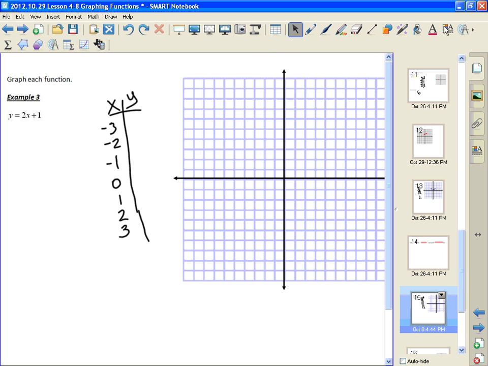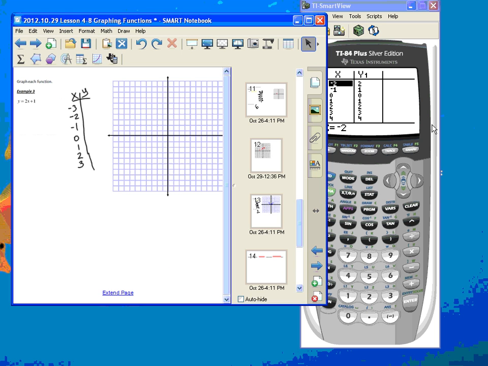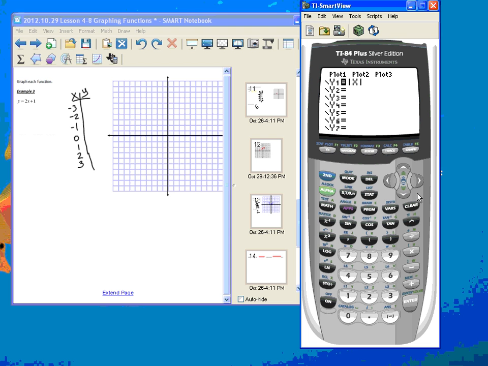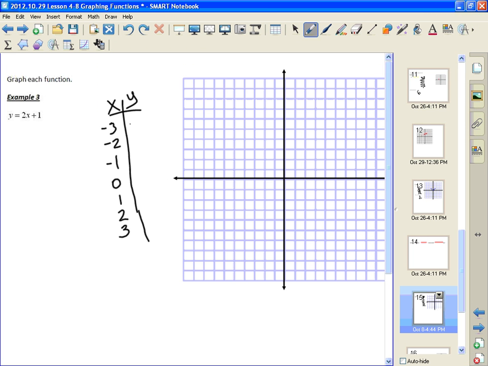Okay, so for my y values, I'm going to go to my calculator and put in y equals and type 2x plus 1. Go to my table. So when x equals -3, y equals -5. And when x equals -2, y equals -3.